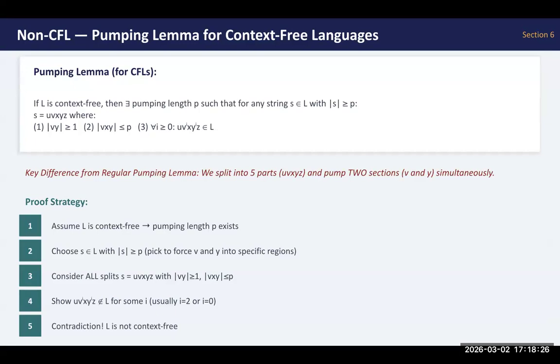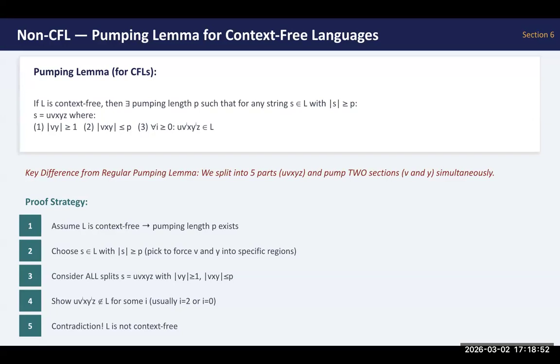So again, if L is context-free, then there exists a pumping length p such that for any string s in L, the length of s is greater than or equal to p, s is equal to uvxyz, where |vy| is greater than or equal to 1, |vxy| is less than or equal to p, and then for any i greater than or equal to 0, that specific string uv^i xy^i z is in L.